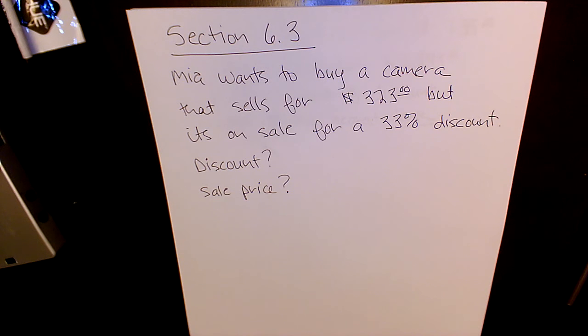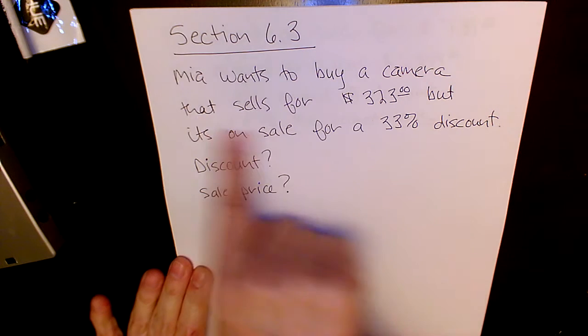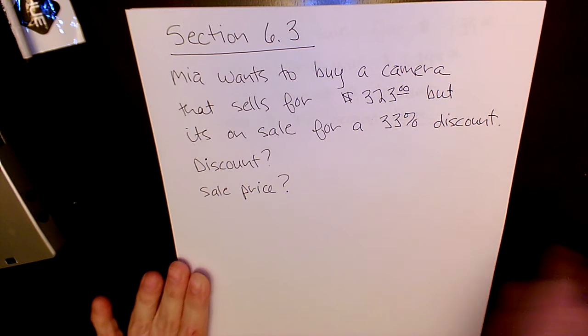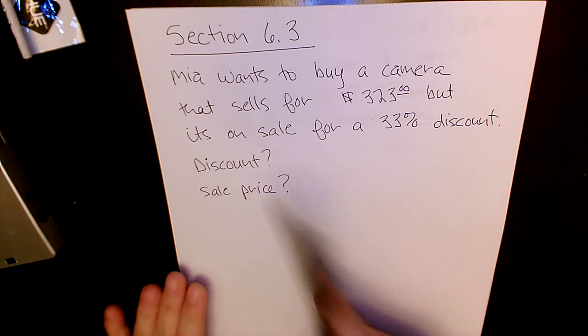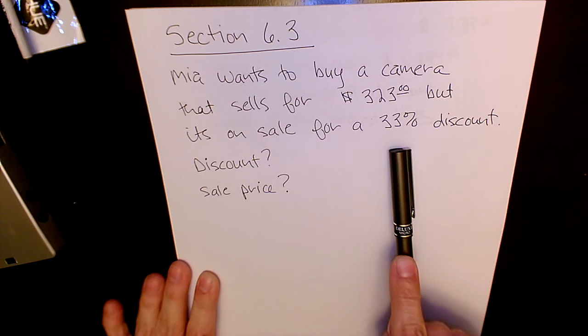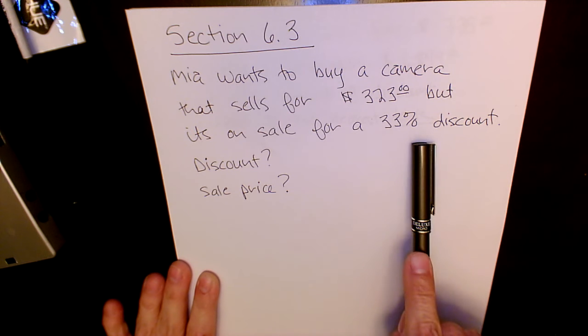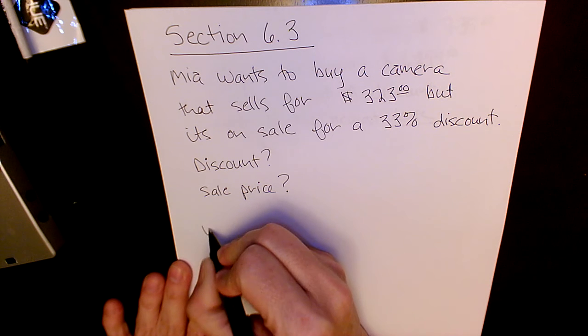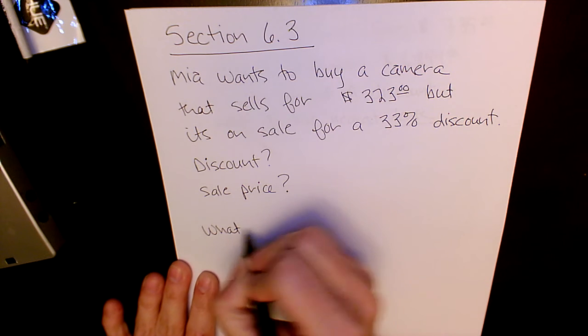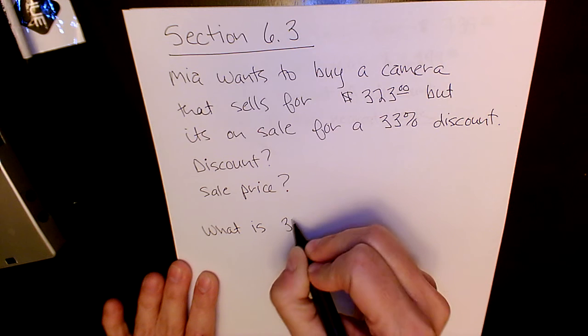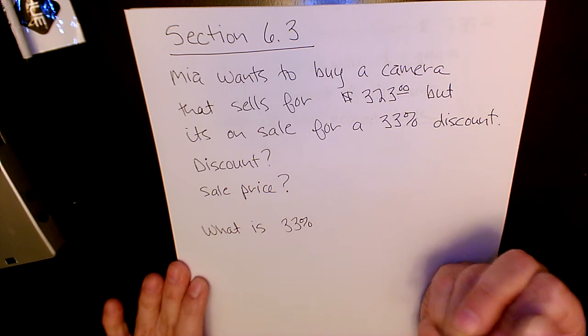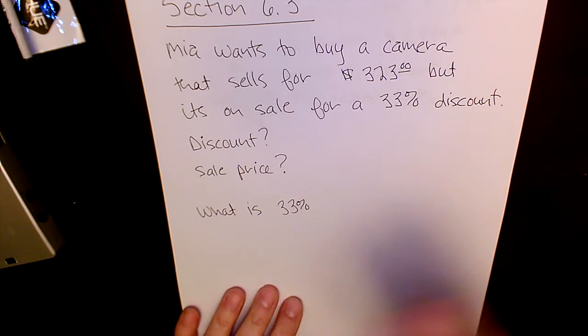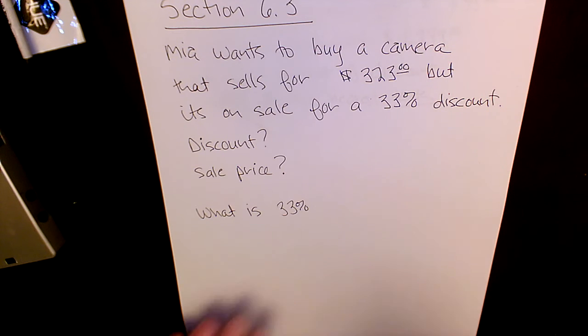So what I like to do is ask, what are we really asking in this problem? And I like to write it out. We need to find what's 33% of 323. And if you watch the videos with Dr. McGathy, she sets these problems up the same way.